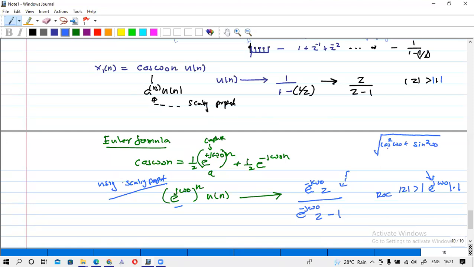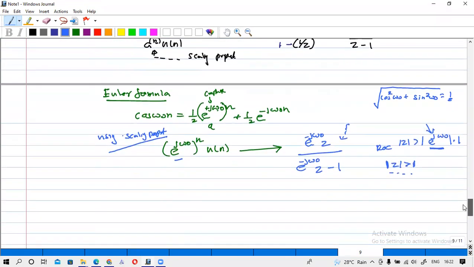You know that cos square theta plus sin square theta is 1, so the square root of 1 will be 1. So this value also will be 1, with no impact on the ROC. ROC will be z greater than 1. So I think it is okay.